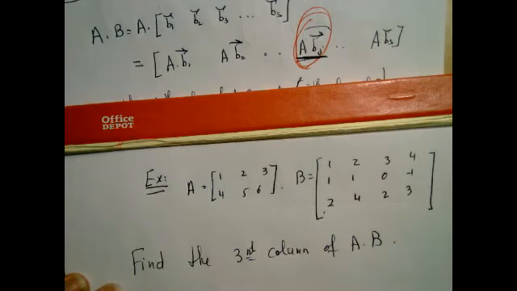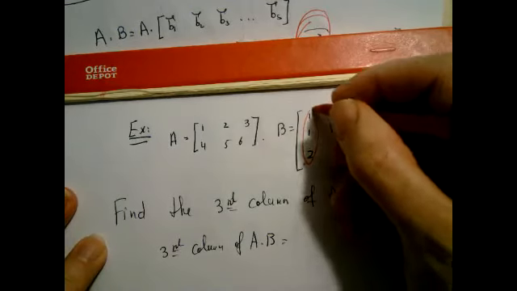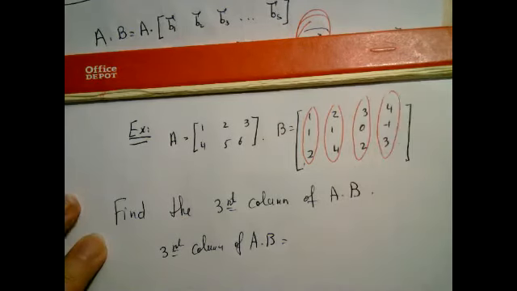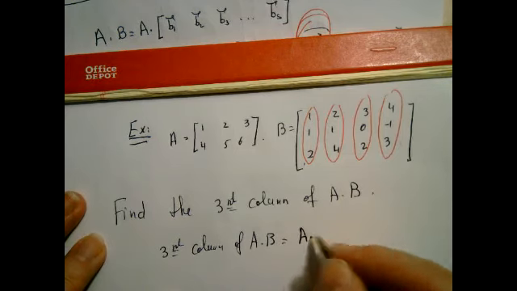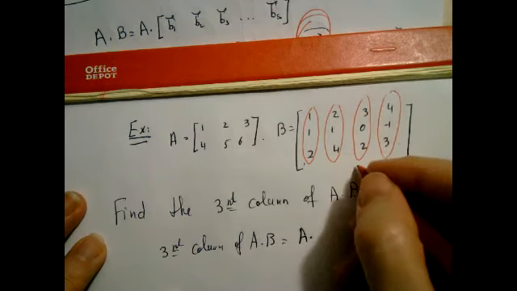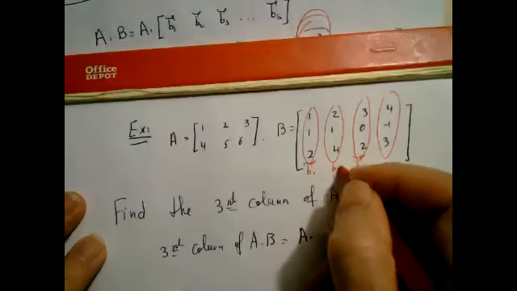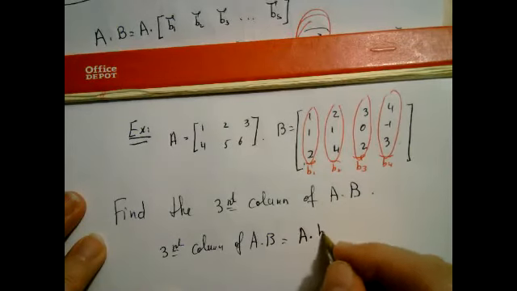So this tells me that the third column of the product is equal to, so that's B1, B2, B3, B4. The third column of AB is A times the third column of B. If I call these B1, B2, B3, B4, it's A times B3.